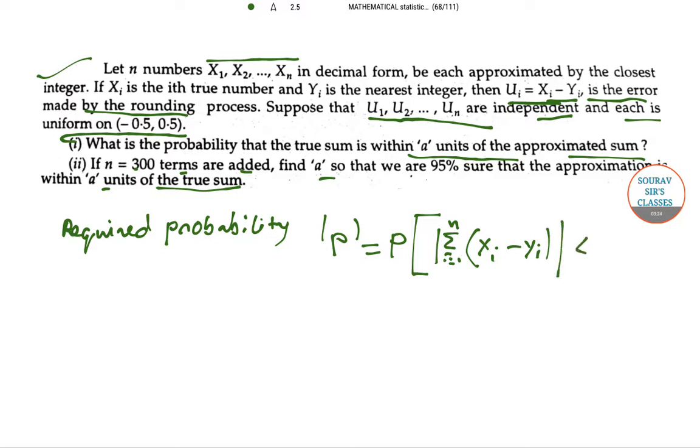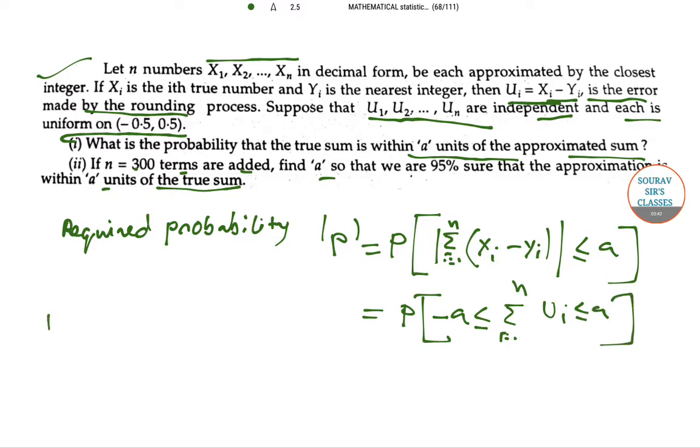So from here, this is less than or equal to a, which equals P of minus a less than or equal to summation i equals 1 to n of ui less than or equal to a.